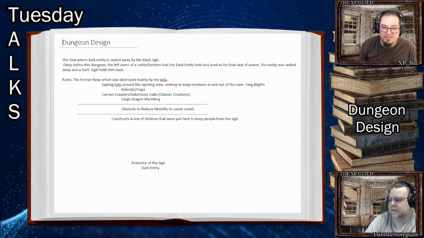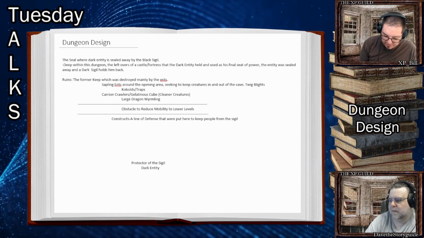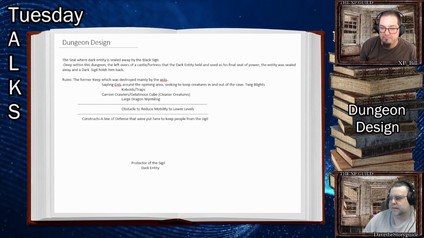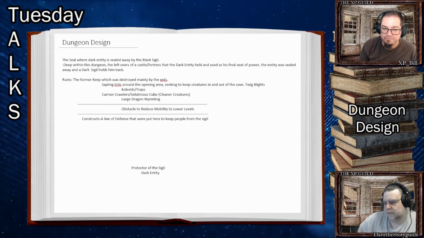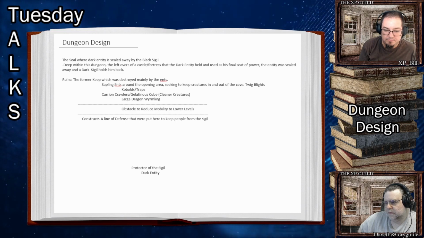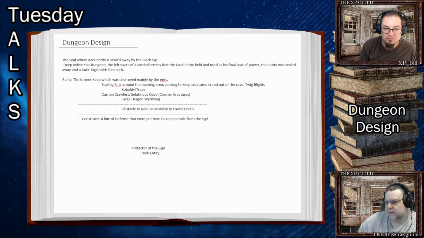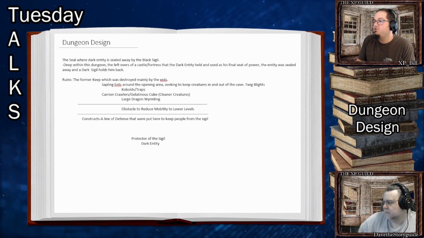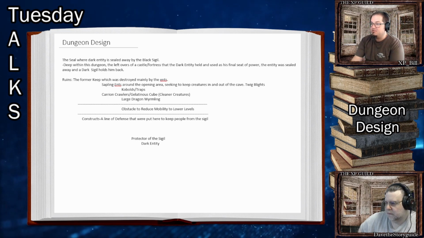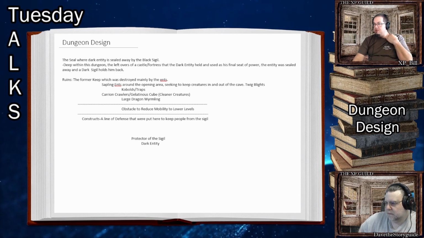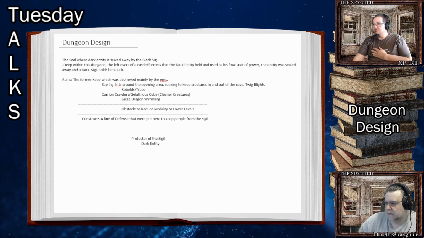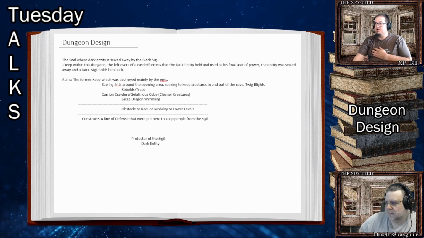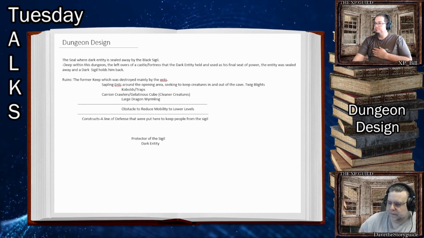So this was designed by these druids or whatever to keep anyone from going down further from this point. And you can choose, depending on your party's power level, you can just kind of look through and you're going to look for some sort of construct. Yeah.